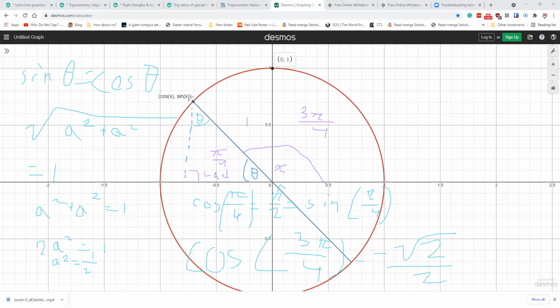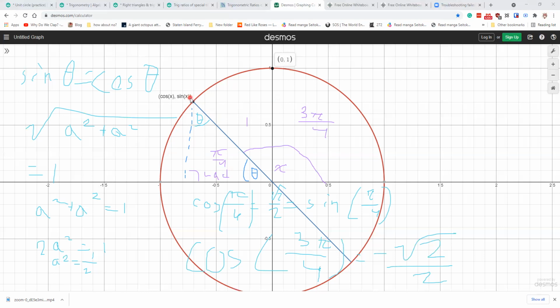But what is the value of sine of 3 pi over 4? Well, the absolute value also has to be root 2 over 2, because we said that the length of this leg has to be root 2 over 2. But because in this quadrant, the y value is positive, it would actually be positive root 2 over 2.